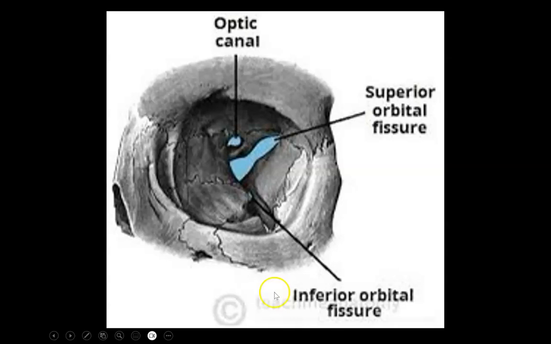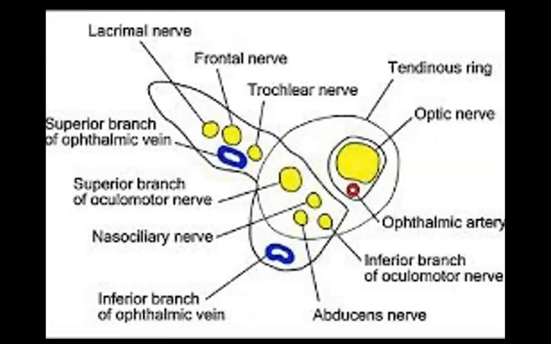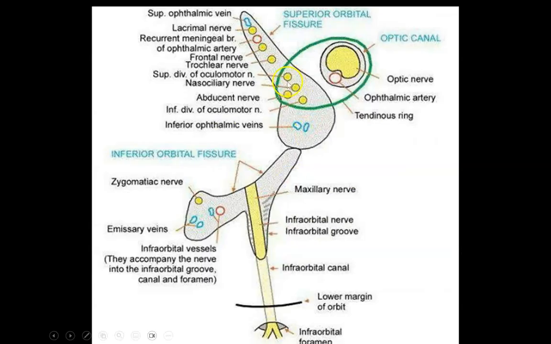And about the inferior orbital fissure, as we said, it is present between the greater wing of the sphenoid and the maxilla, and it doesn't carry important things. So this is the superior orbital fissure. The inferior orbital fissure: something can pass through it, not actually through it, from foramen rotundum.